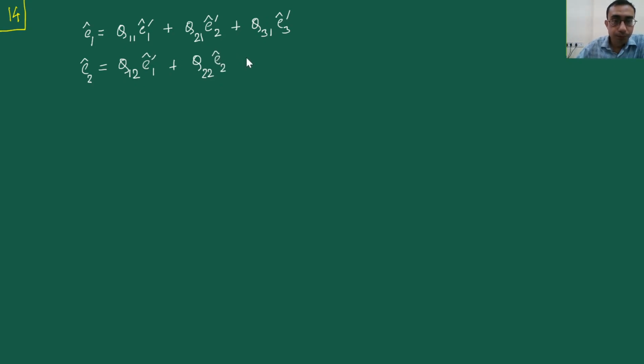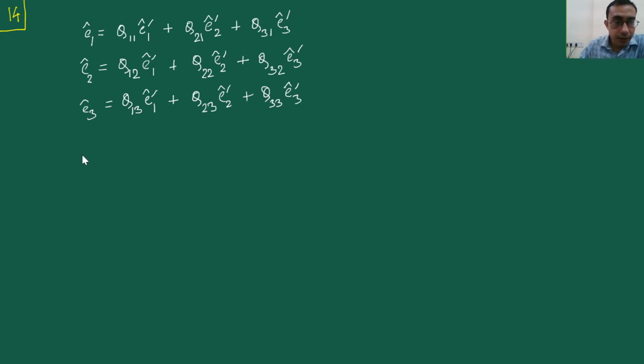This is the Q22 and this one should be the Q32 E3 hat dash. And finally for the E3, what we have is Q13 E1 hat dash plus Q23 E2 hat dash plus Q33 E3 hat dash.